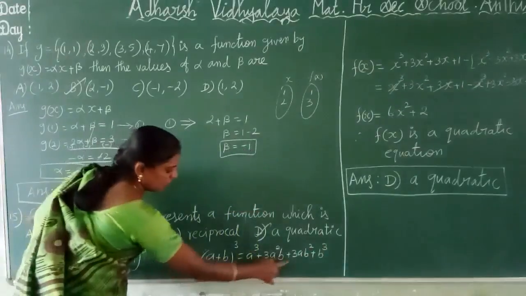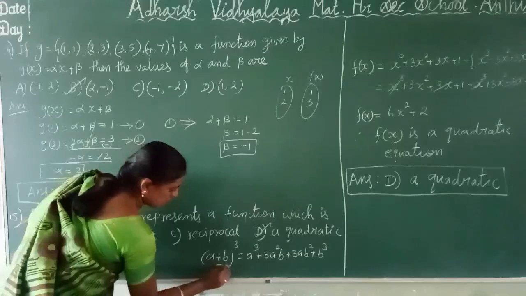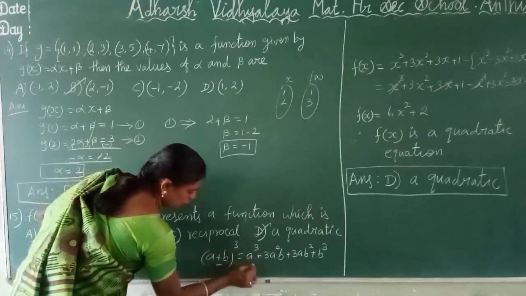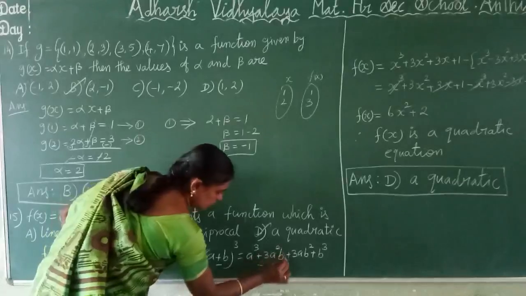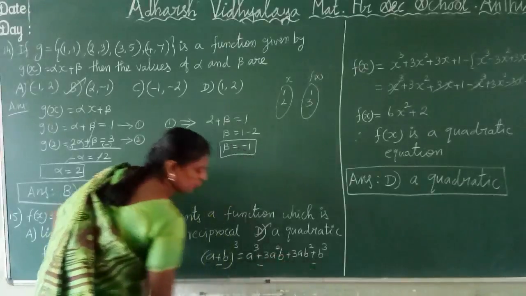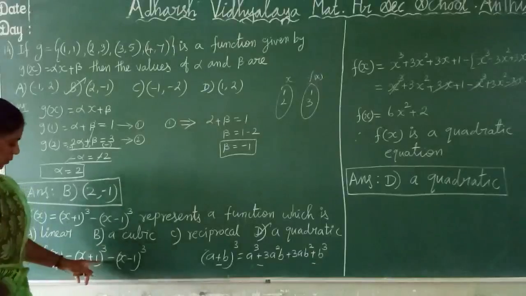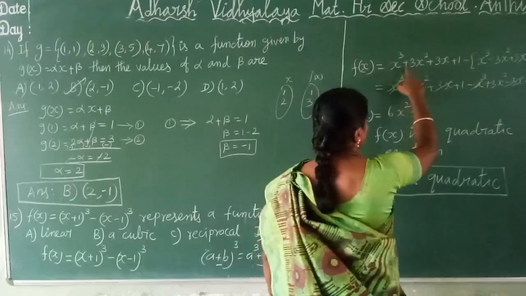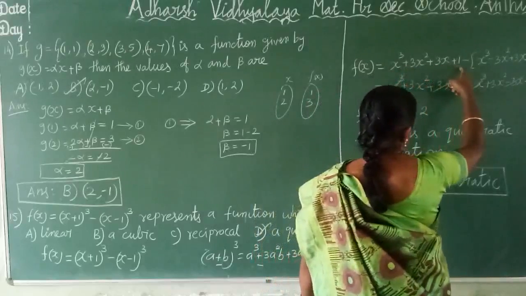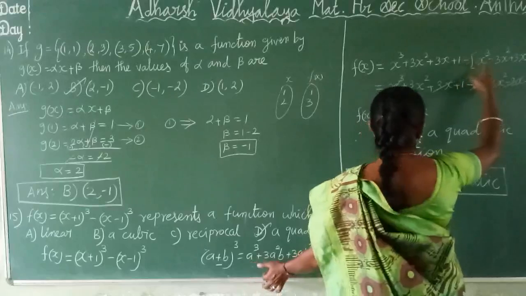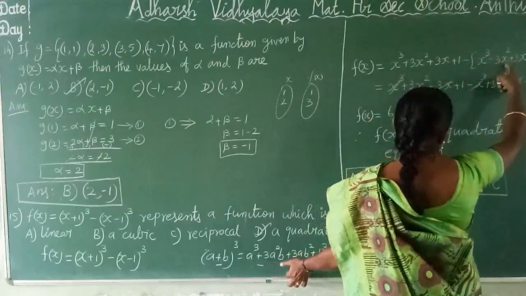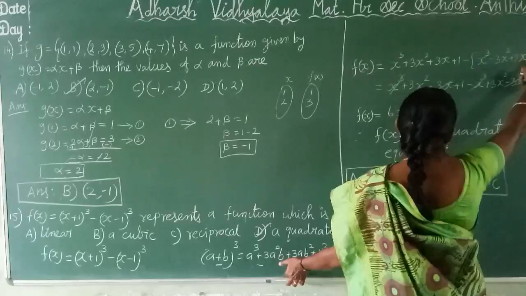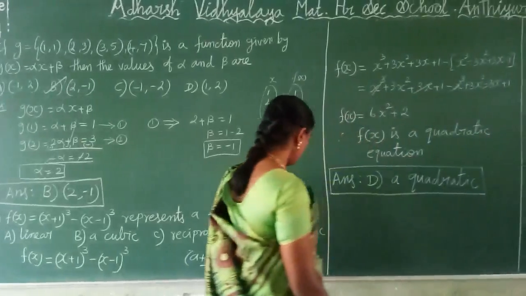Here for minus, the alternate sign comes: (a minus b) whole cube is equal to a cube minus 3a square b plus 3ab square minus b cube. So apply this formula.